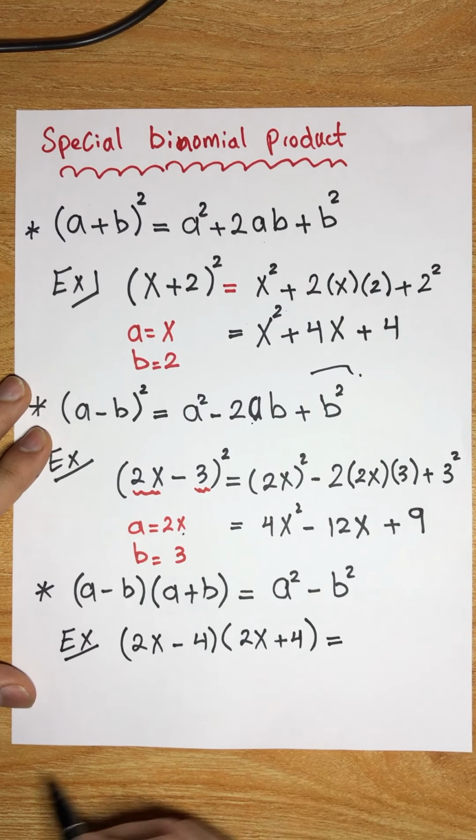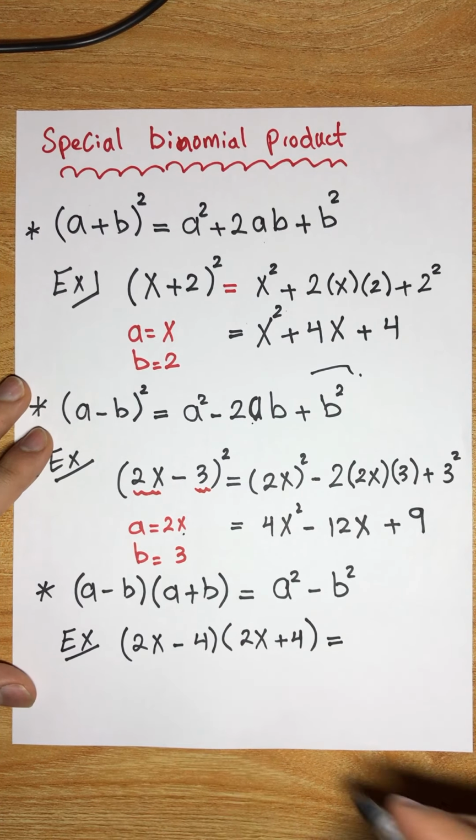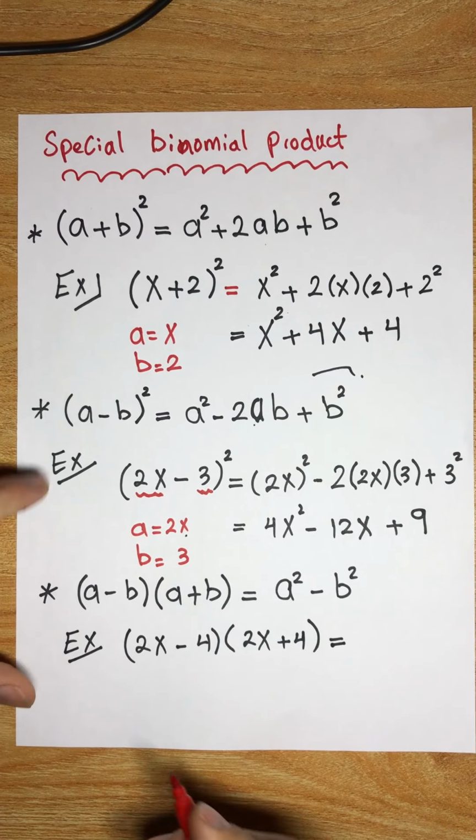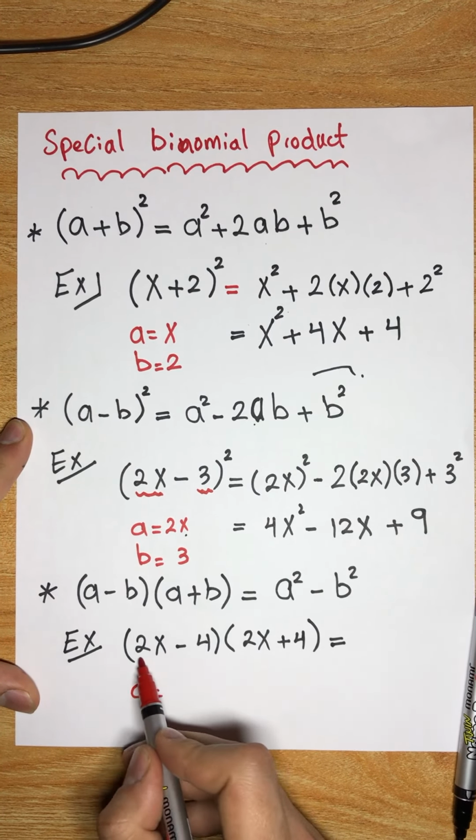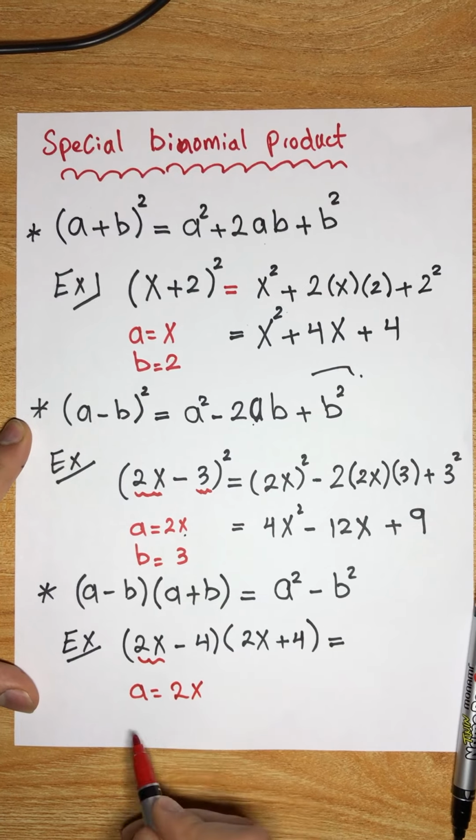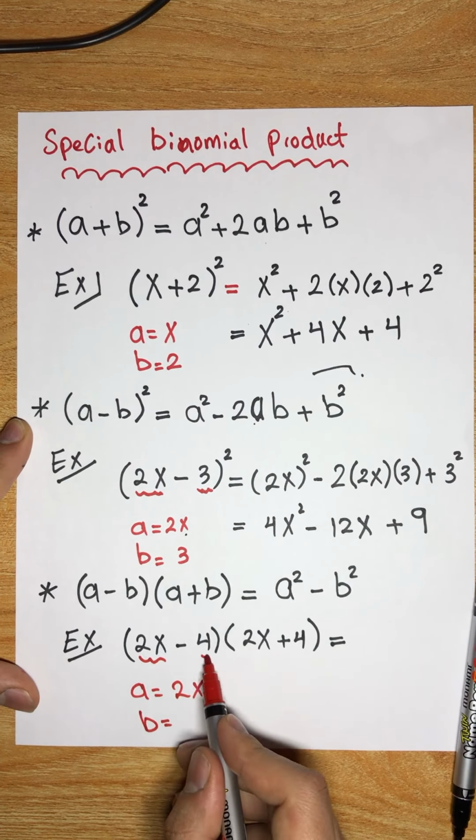So this one is equal to, we know that a is equal to 2x and b is equal to 4.